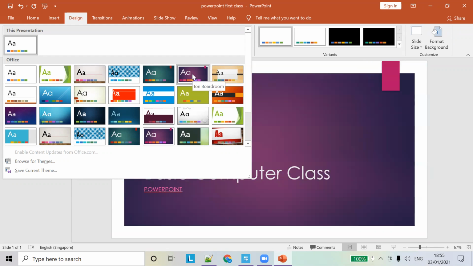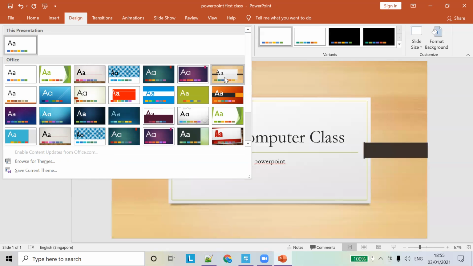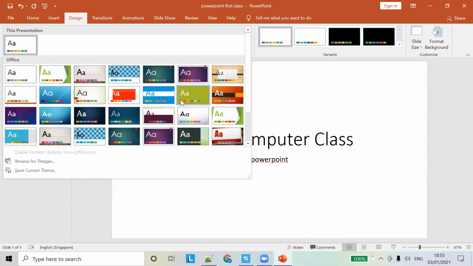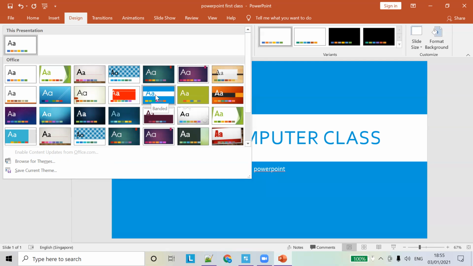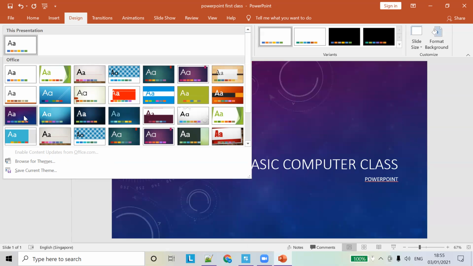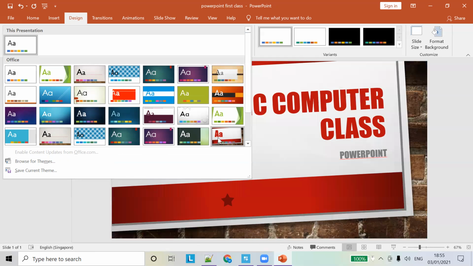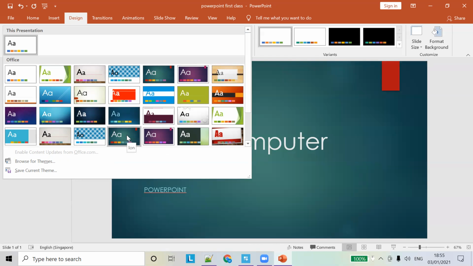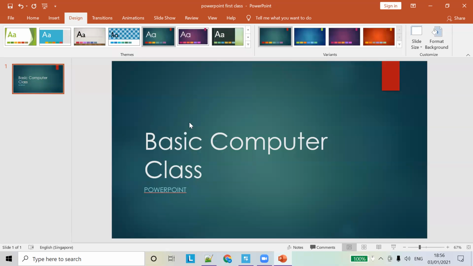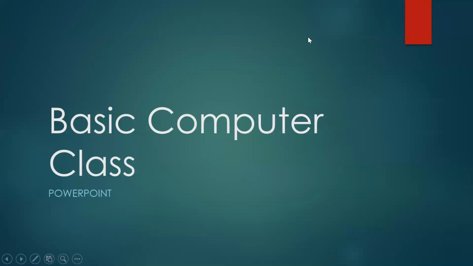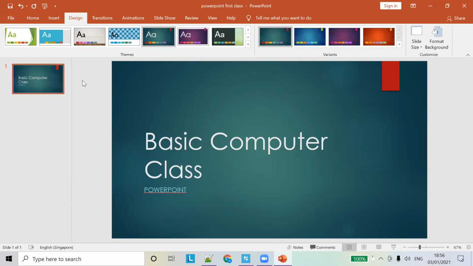You can just hover over these options and see how the slide is going to look. I'll choose this one, a theme called Ion. Now if you try to present it, you will have a better looking theme. This is how you select themes.